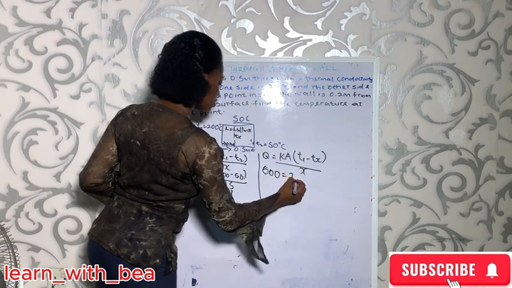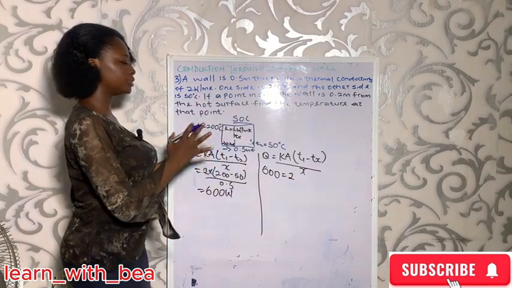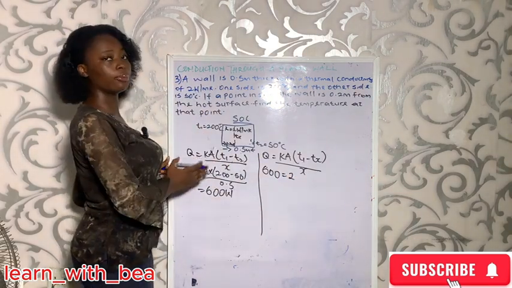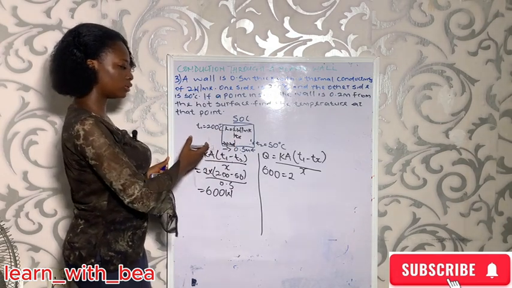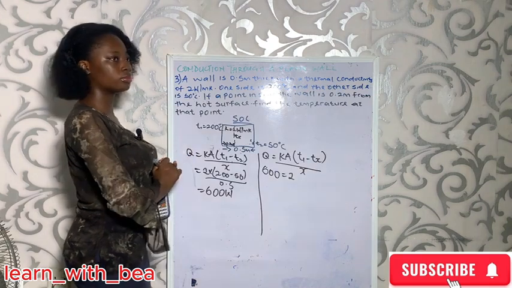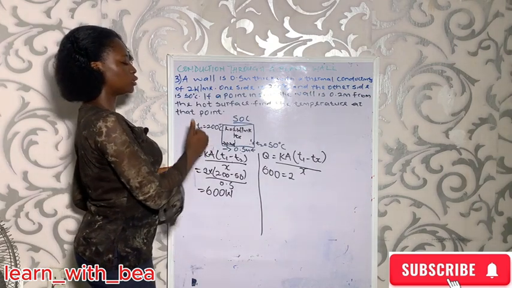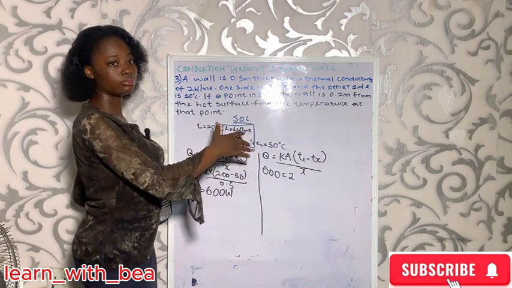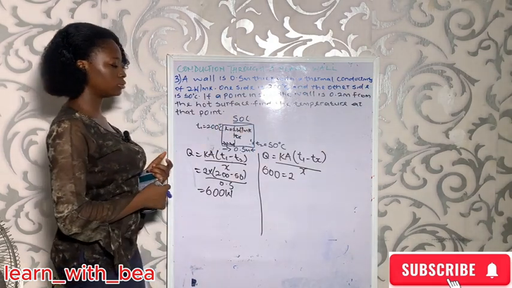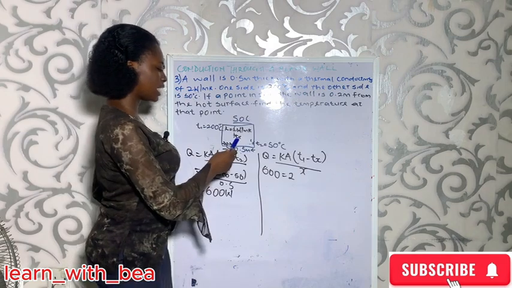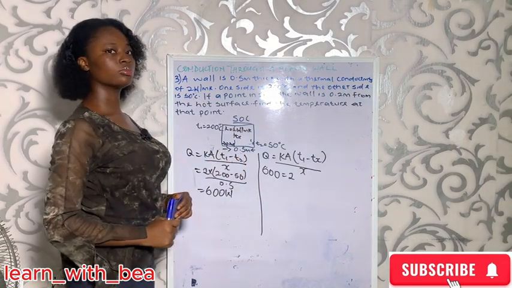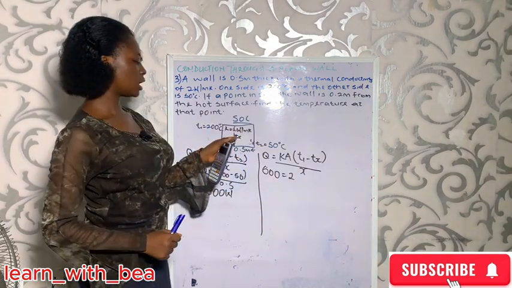The other values are still constant aside from the thickness that changed. Because the point is close to the earth surface temperature, we are using T1, not T2. We could actually use T2 too, but then it would give us Tx minus T2.